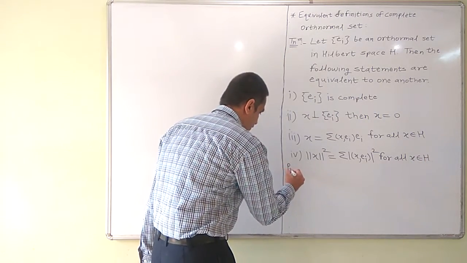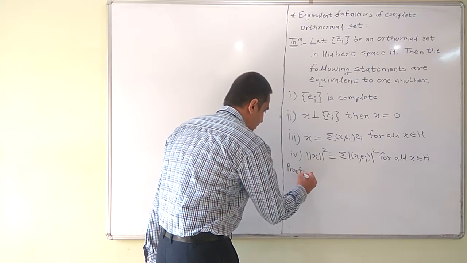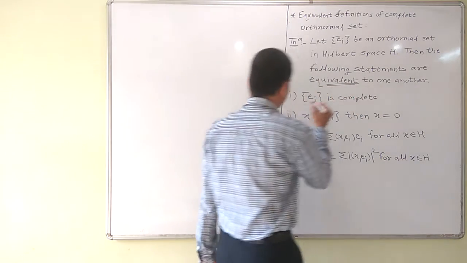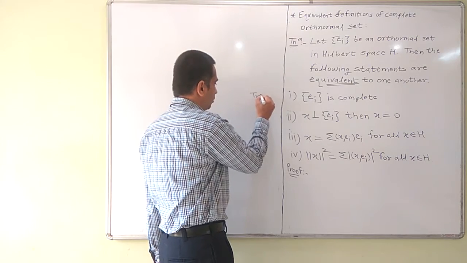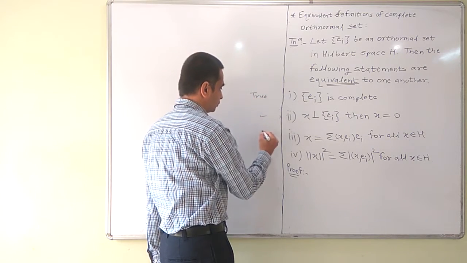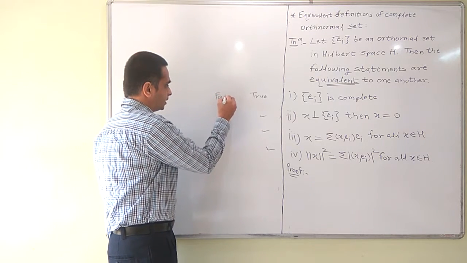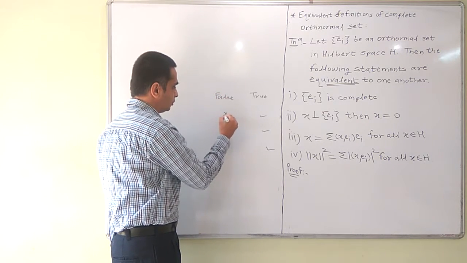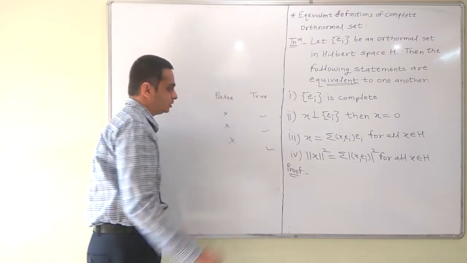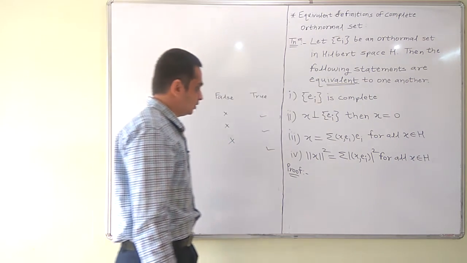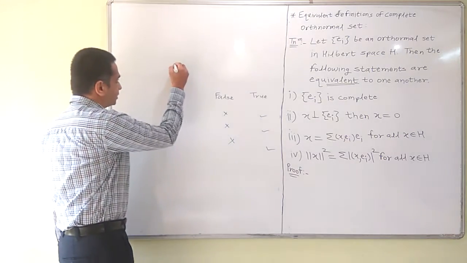So proof: we have to prove that these statements are equivalent. It means if any one of them is true, then all of them will be true, or if any one of them is false, then all of them will also be false. So the outline is like this.